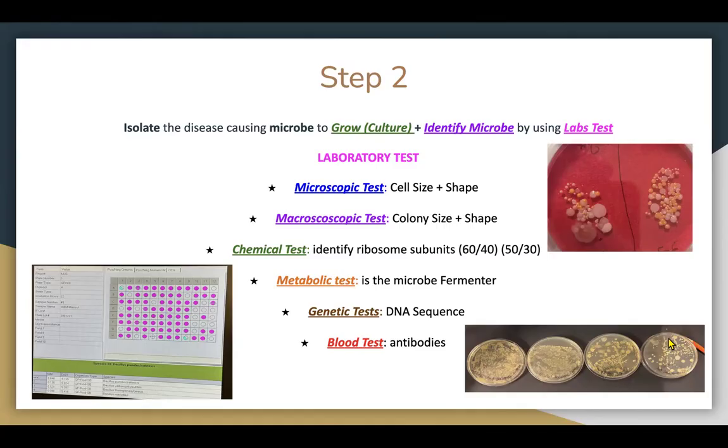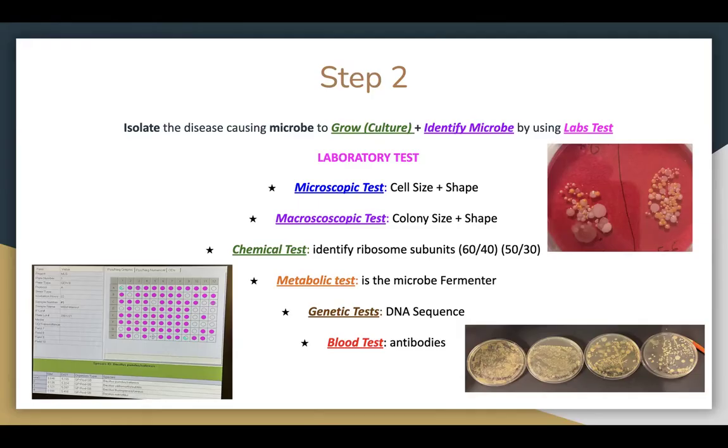This is looking at the colony size with the dilutions, which we're going to be doing in a further lab down the road. We also have a chemical test to identify the ribosome subunits. So if it's a protozoan or a fungal infection, it's going to have a ribosomal subunit of 60S/40S, and a bacterial ribosomal subunit is going to be 50S/30S.